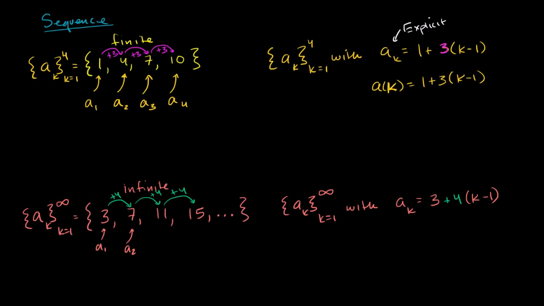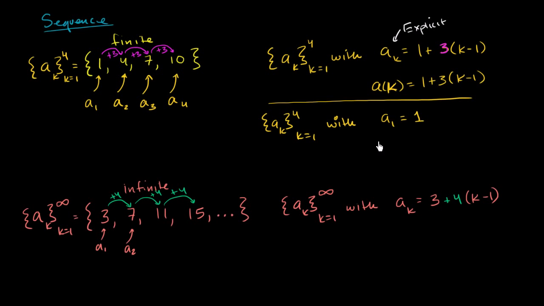So how would we do that? Well, another way of defining this first sequence, we could say a sub k starting at k equals 1 and going to 4. When you define a sequence recursively, you want to define what your first term is, with a sub 1 equaling 1, and then you can define every other term in terms of the term before it.